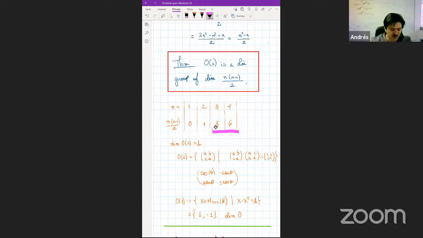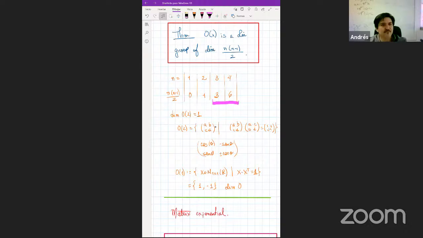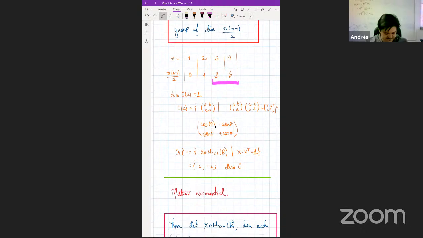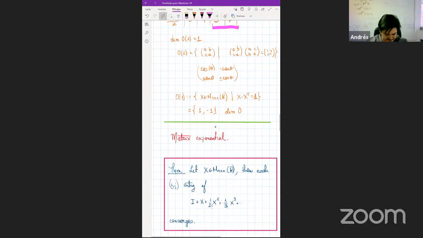So I'm going to review the matrix exponential. I'm just going to recall results. I believe that you have seen this. So just let me know as we progress.